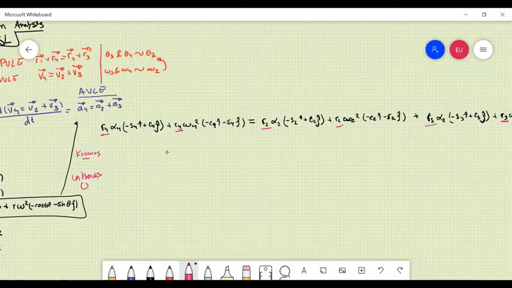Do I know alpha 4? No. That's actually the thing I want to work out after this. Do I know theta 4? Yes. I know it now because I have solved the position.